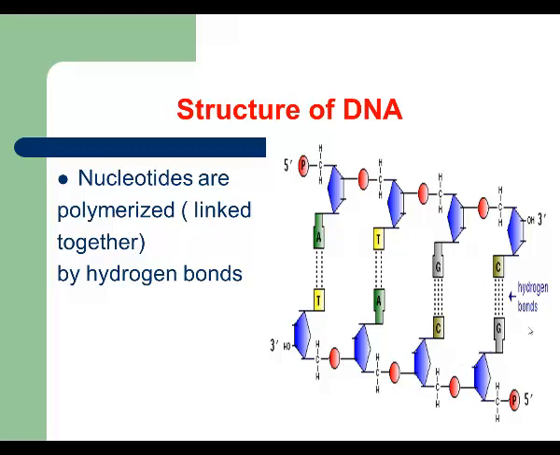And please remember, adenine is always complementary to thymine, and guanine is only complementary to cytosine. That means hydrogen bonds can only be formed between those bases A, T, G, C. This is what we call the complementary part of double-stranded DNA.